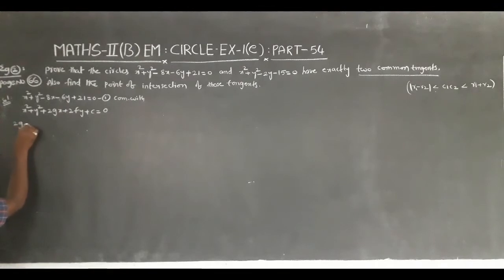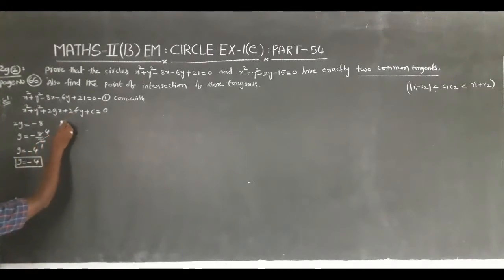Here x coefficient 2g is equal to minus 8, g is equal to minus 8 by 2, g is equal to minus 4.